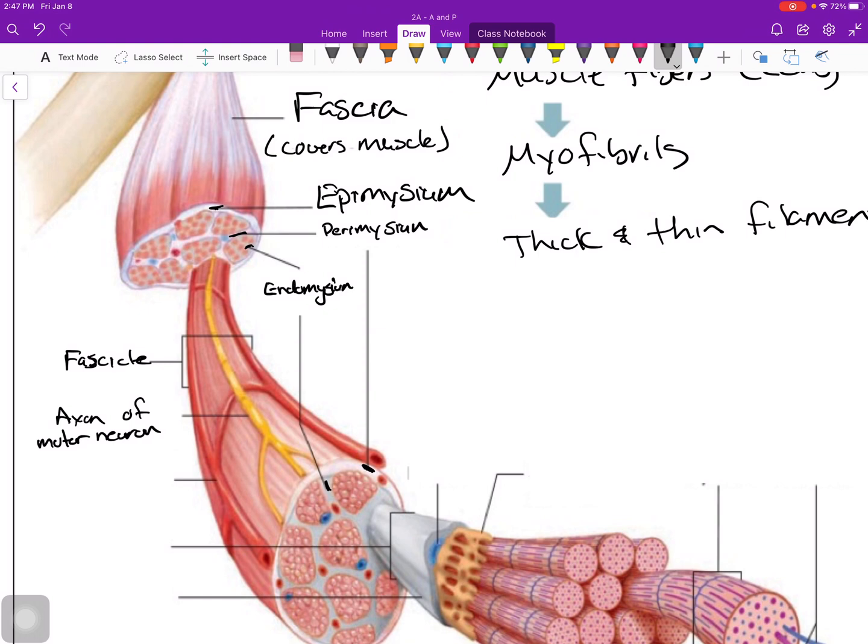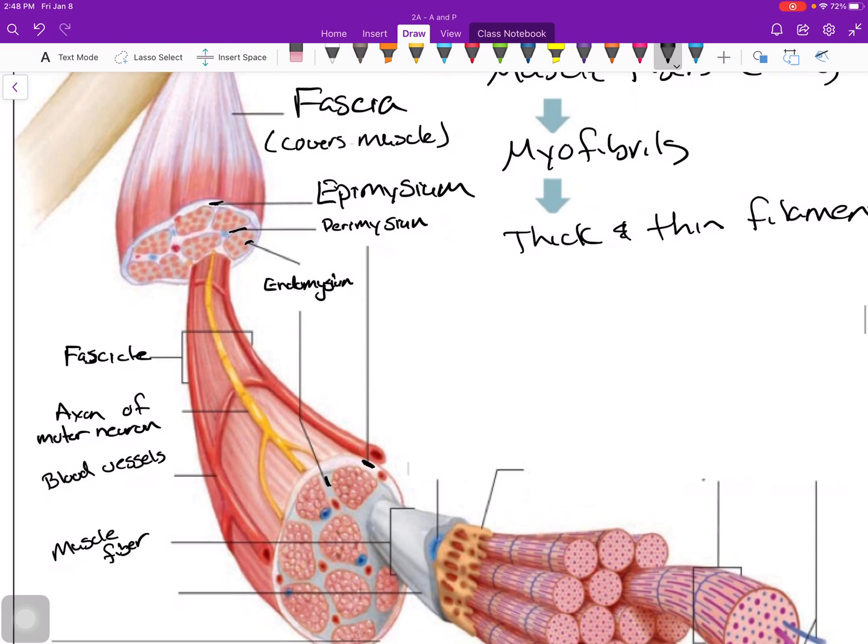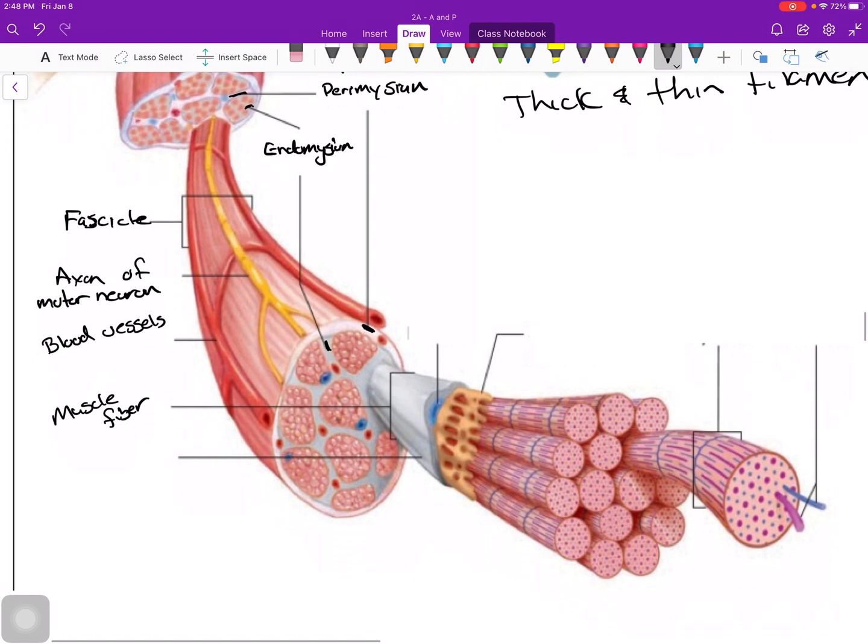All right, and we also have to have blood vessels so that nutrients and oxygen can get to the muscle fibers and nourish. So this entire bundle right here is a muscle fiber. All right, and then right below that is going to be the plasma membrane that surrounds the muscle fiber, which we refer to as the sarcolemma.